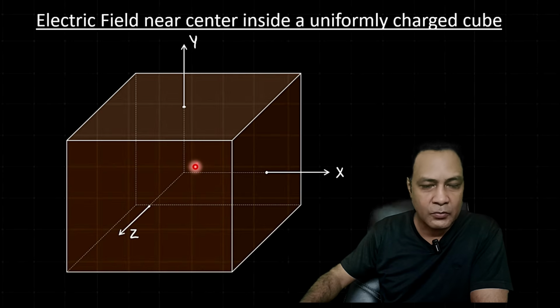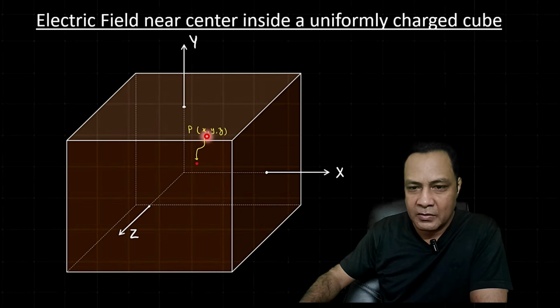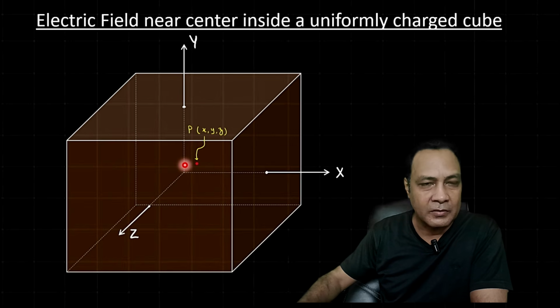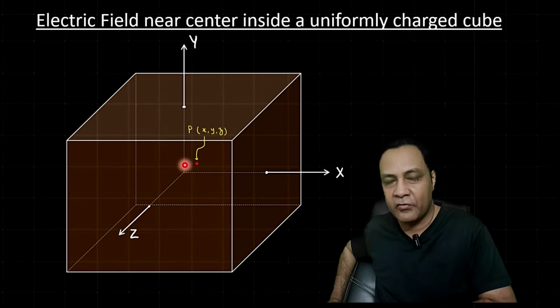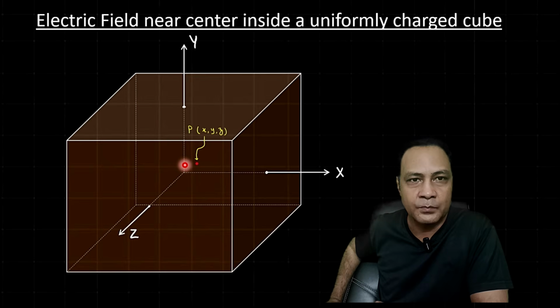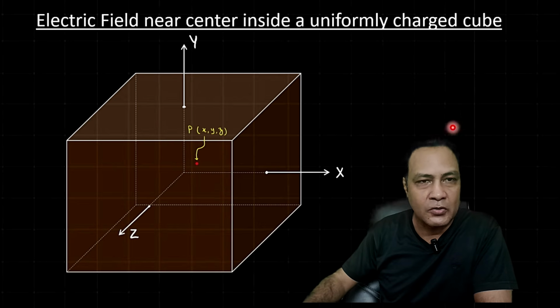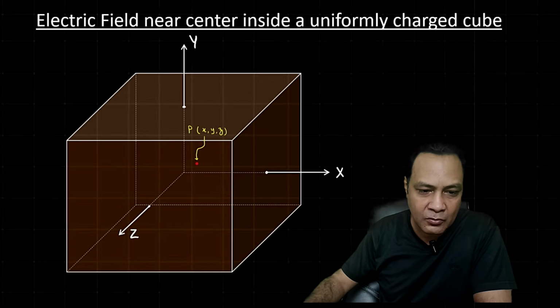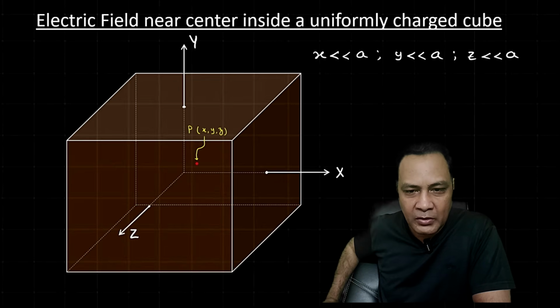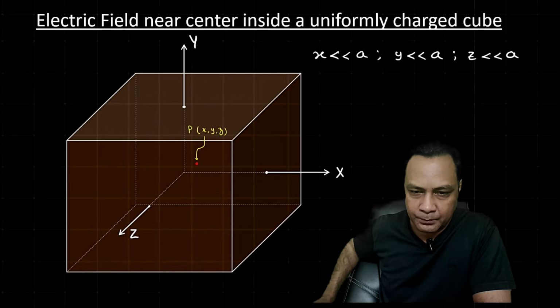The coordinates of this point are say x, y, z, and each of x, y and z is very small compared to the side of the cube. I mean x is very small compared to a, y is very small compared to a, and z is also very small compared to a. So in other words, this point is very close to the origin.